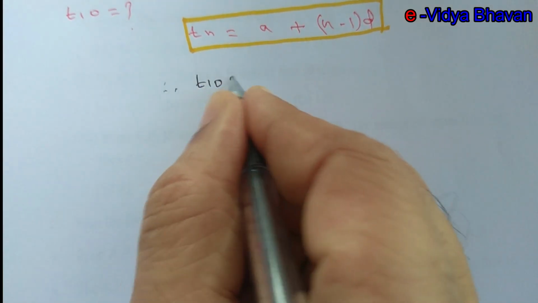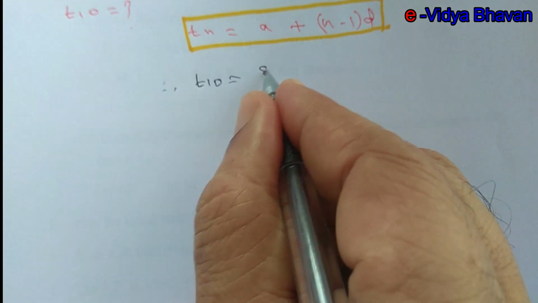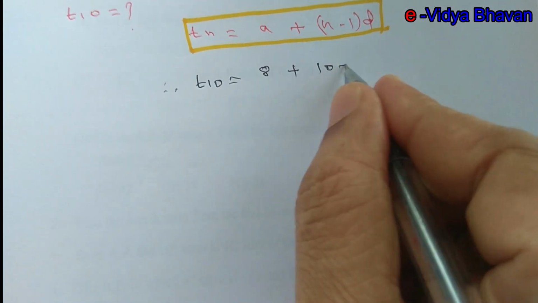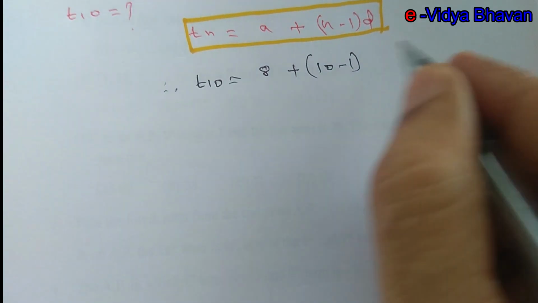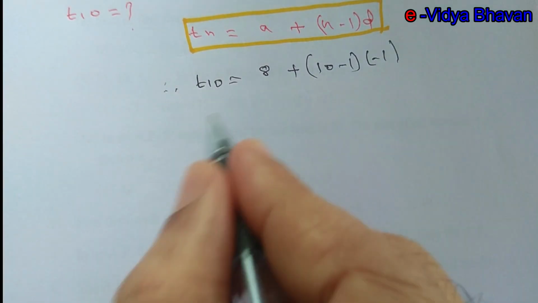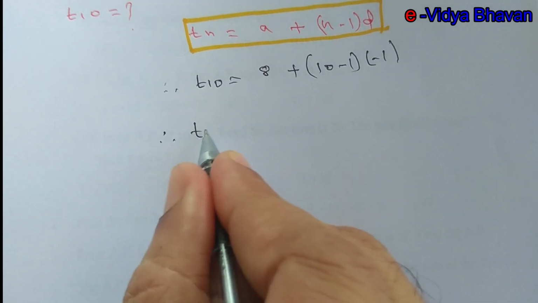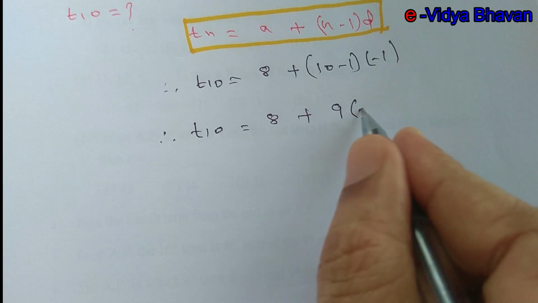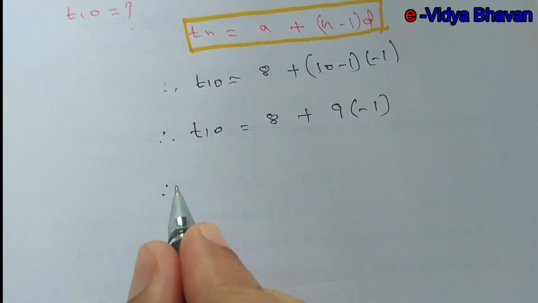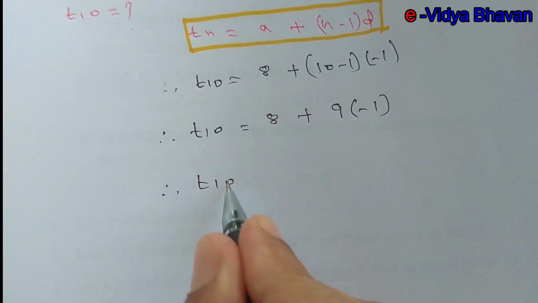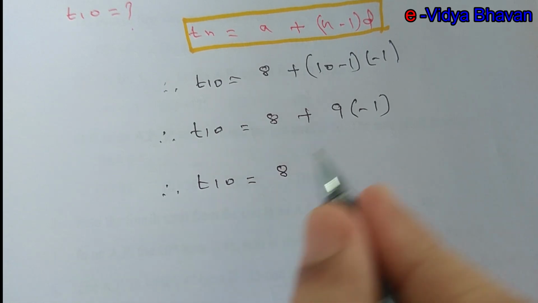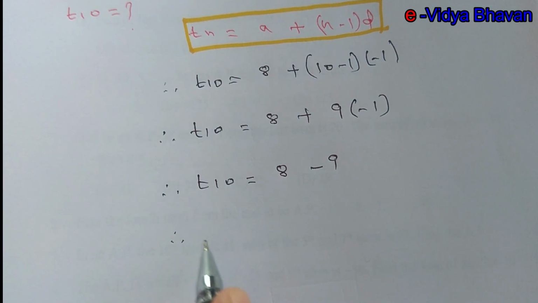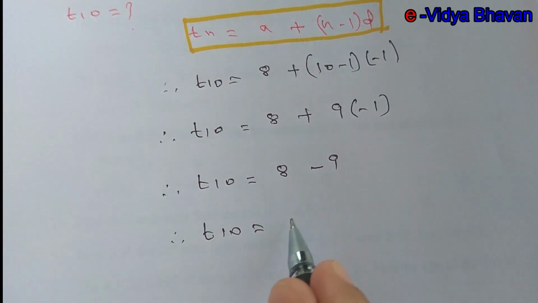Therefore, T10 is equal to a, you know very well, 8, which we have found out. T10, that is n is going to give me 10, 10 minus 1. And d, you have already found out, minus 1. Therefore, T10 equal to 8 plus 9 into minus 1. Therefore, T10 is equal to 8. 9 into minus 1 will give me minus 9. Therefore, T10 is equal to minus 1.